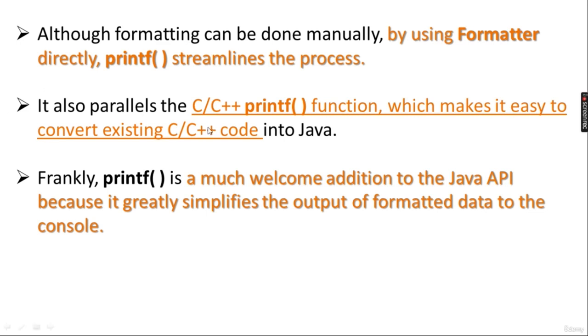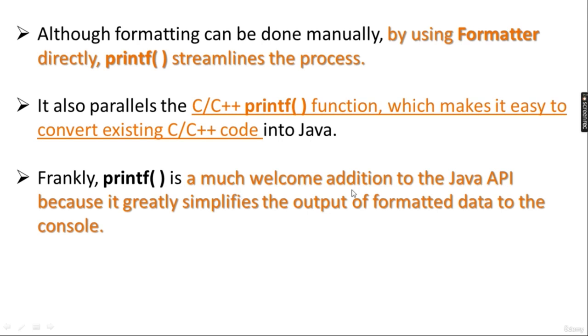It also parallels the C++ printf function, which makes it easy to convert existing C++ code into Java. So you can directly take the C++ printf function and convert that existing C++ code particularly into a Java programming file.